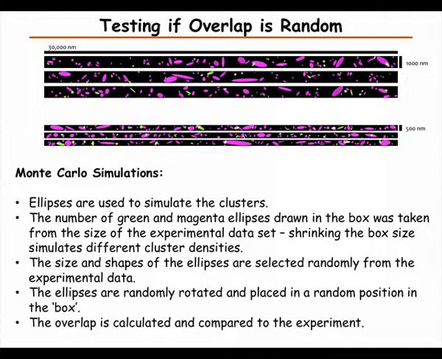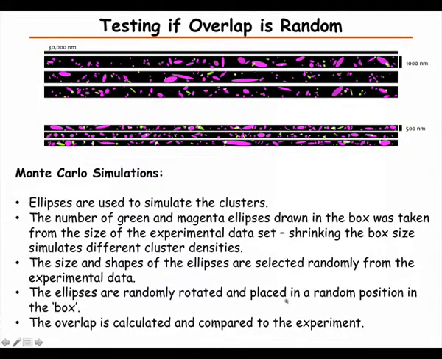Those are the input that we get, and then we randomly pick sizes and shapes of ellipses from these experimental distributions, and we randomly put them in the box, and their orientation is also random. And then we calculate the overlap and compare it to the experiment.